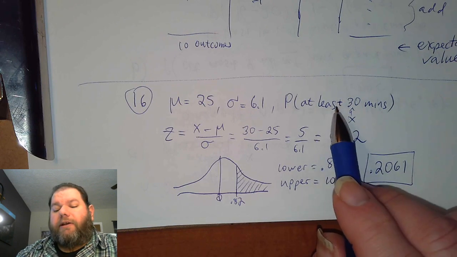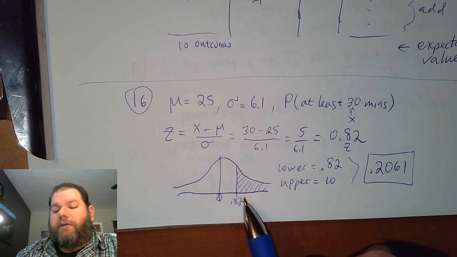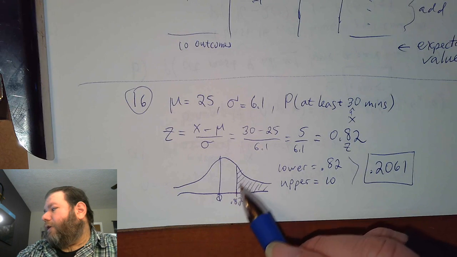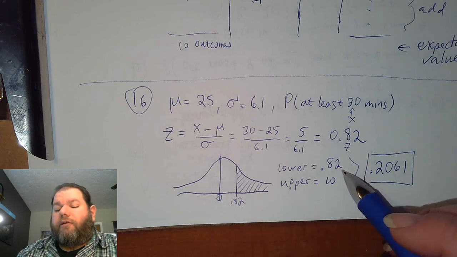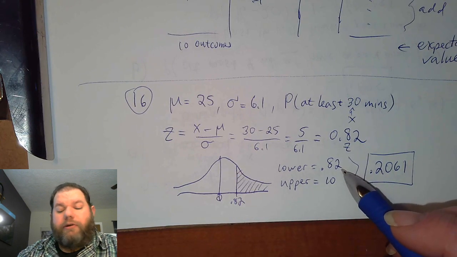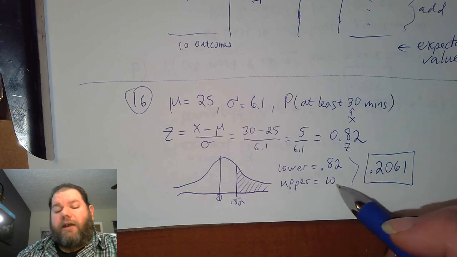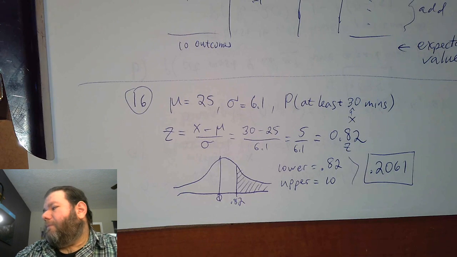When we say at least, we mean that value or more than that value. So that's what tells us that we shade to the right. And so we use the 0.82 as the left side of that shaded region, so that's our lower. And because it just keeps going indefinitely, we like to use 10 as our upper bound on the right-hand side. Does that make sense?